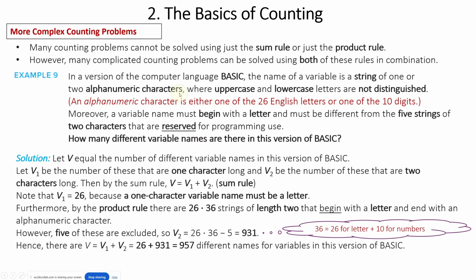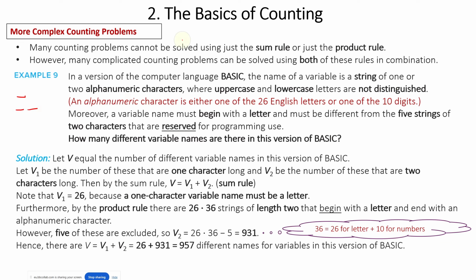Okay, maybe more examples. Let's have this one. This is a more complex counting problem, because that one was basically easy. If in a version of a computer language, BASIC, which is the name of the programming language, the name of a variable is a string of 1 or 2 alphanumeric characters, that means every variable has only 1 or maximum 2 alphanumeric characters.